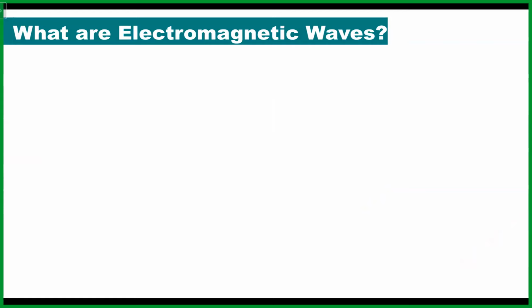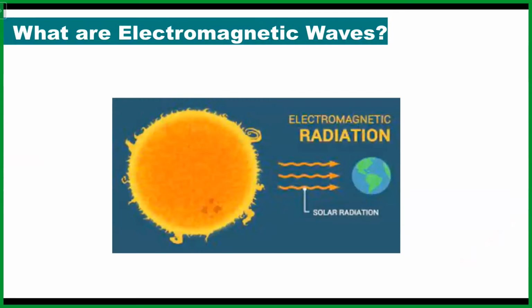But first of all, let's take a look at what electromagnetic waves are. Now, in this diagram over here, you can see the sun, which is releasing some electromagnetic radiation. The sun actually releases 3 different types of electromagnetic rays, and these rays are able to travel through the vacuum which is present between the sun and the earth. So this space is all a vacuum, and then these rays enter the Earth's atmosphere.